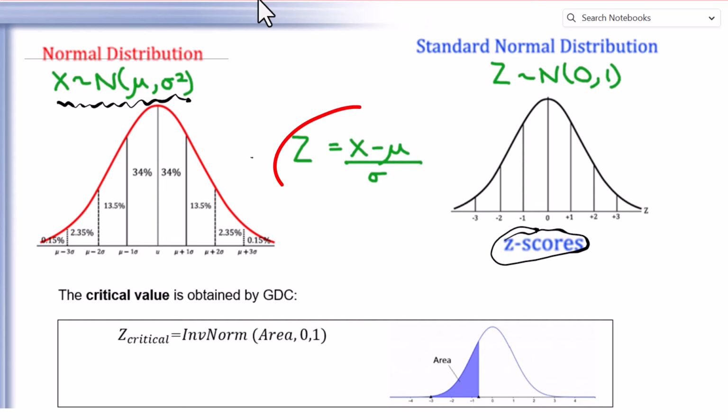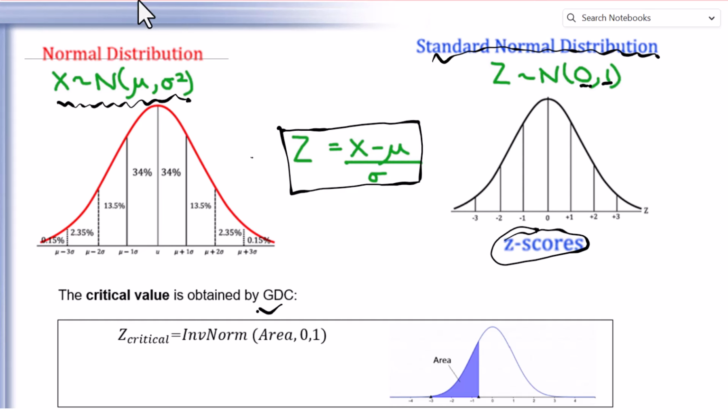We will make z equal to X minus mu over sigma. We got this standard normal distribution. Z follows normal distribution with the mean 0 and standard deviation 1.